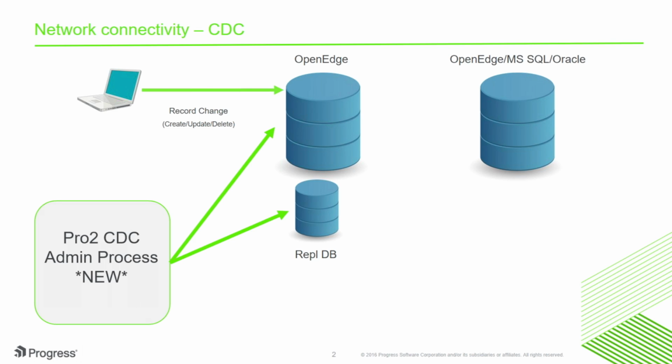But basically, in a nutshell, the CDC admin process will read the new CDC change tracking events recorded by 11.7 CDC. And as Mike pointed out, it will create REPL queue records in the REPL database. But again, the users from a community or application perspective no longer have to be tied to this external REPL database.